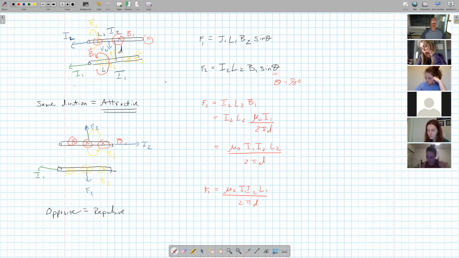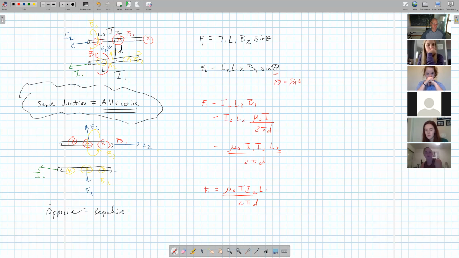So whenever I have two parallel wires, each one carrying current, the forces on those two wires are equal and opposite by Newton's third law. How these forces are directed is going to depend on the direction of the currents. If my currents are in the same direction, I have an attractive force, whereas if they are in opposite directions, it results in a repulsive force.